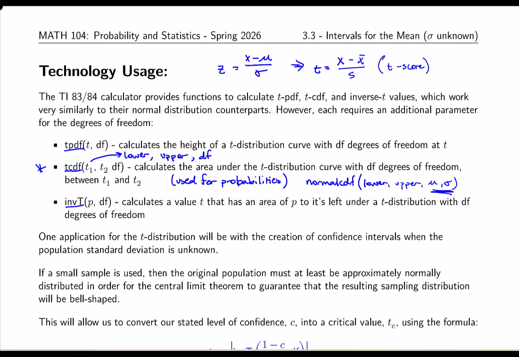Now, there is an equivalent here also if you're using sampling distributions. So if you're using a sampling distribution for the mean, then you would take x minus x bar divided by s over the square root of your sample size. Exact same formula as what we did with normal distributions.